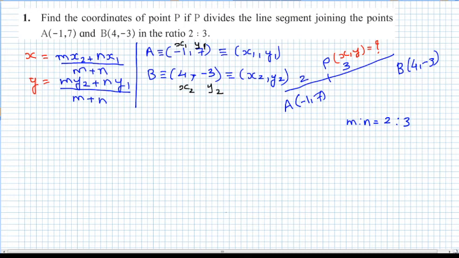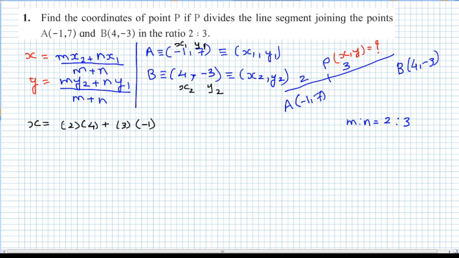So how will we solve this now? Let us start. First I want x. So what is x now? mx2. Where is m? M is 2. So it is 2 into, how much is x2? Just check, 4, plus n. What is n? 3, plus x1. What is x1? -1.